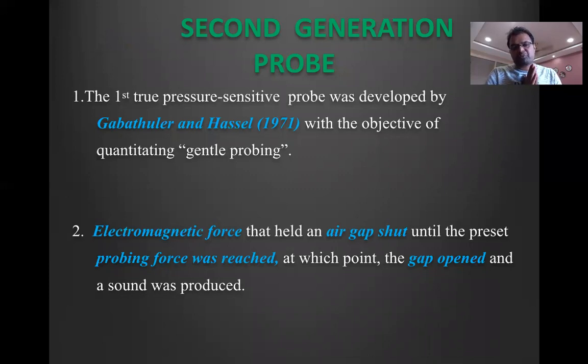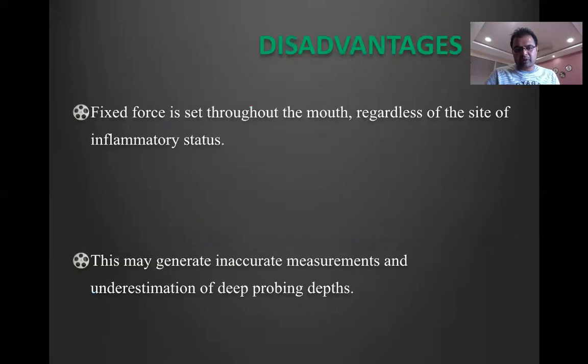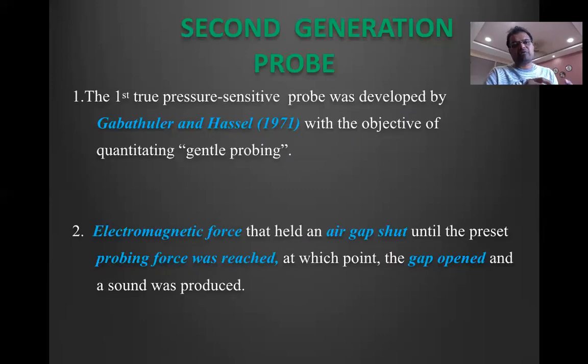On the other hand, the second generation of probing systems were again manual. They were both manual as well as electronic, but the manual ones are also known as the true pressure sensitive, TPS probe. In the probe design, we had a probe with a head, and if you crossed a certain amount of force as I insert this probe into a pocket, the probe would not give me a reading.